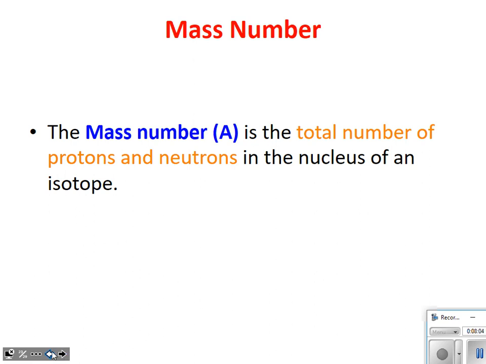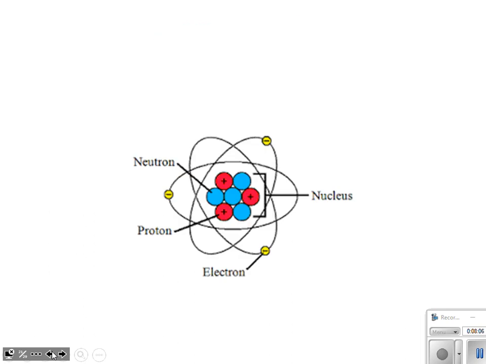Let's go back here again. I'm going to show you one way that we write these things. We take the symbol, and I'm just going to put SY, meaning the symbol. What letter did we use for the mass number?